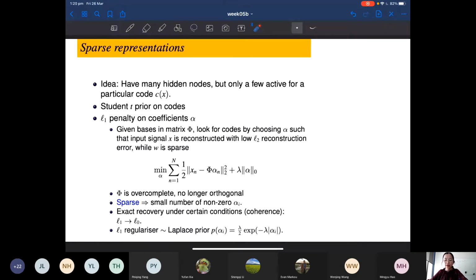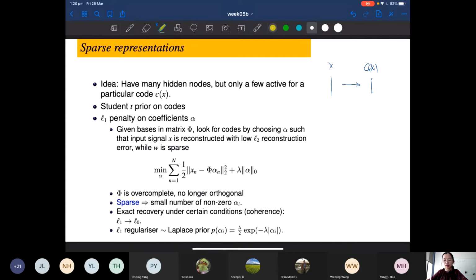So the idea, we've been talking about mapping from x, a vector, to c of x, another vector. The idea about sparse representations is that we want most of c of x to be zeros except a few.